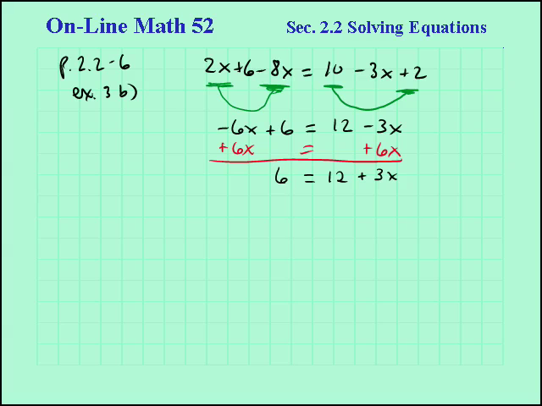And now we're to the point where we saw in the very first example, where we simply need to eliminate the constant first, and then, in a separate step, the coefficient. So I'm going to eliminate the constant by adding its opposite. That'll be a negative 12 to each side.